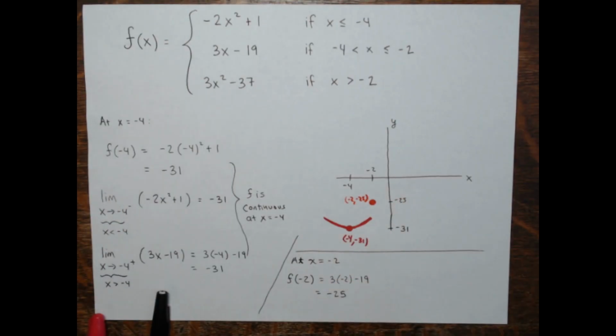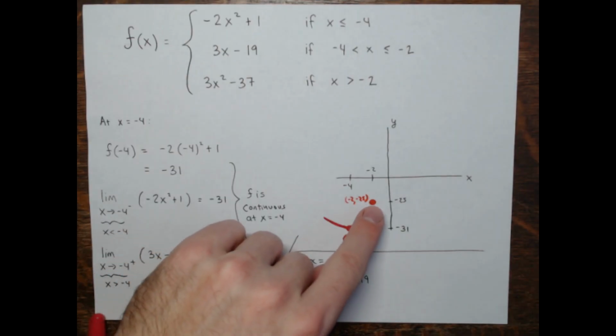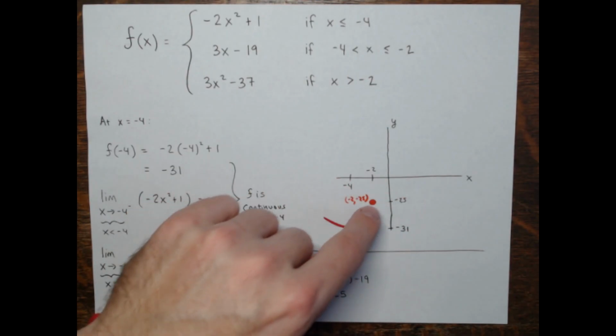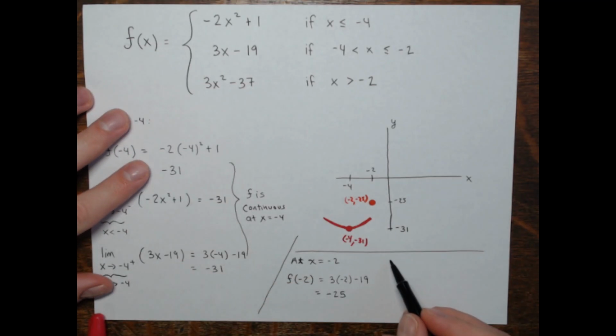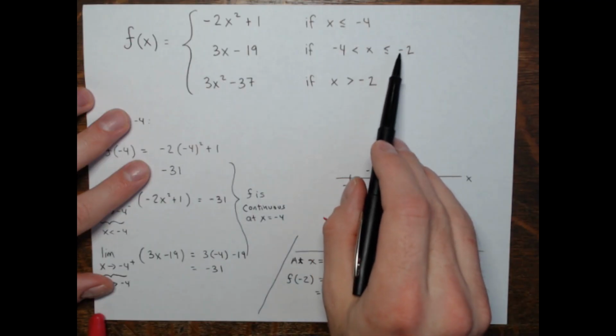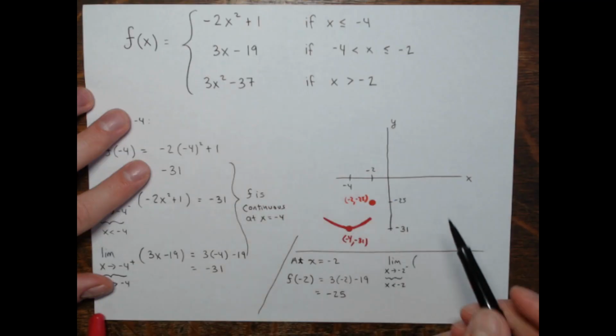Now the question again is, will the graph approach this location from both sides of -2? So I'll take the limit as x approaches -2 from the left. If I'm approaching -2 from the left, remember this means I'm plugging in values less than -2, but close to -2. So I'm on this second piece again.